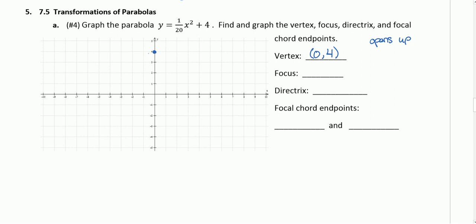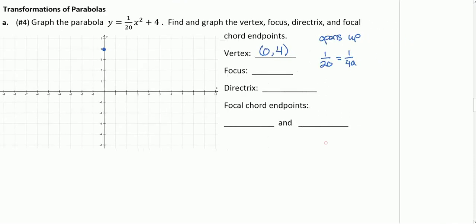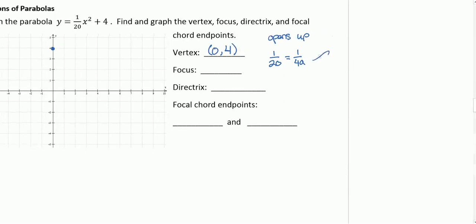And now I want to find the focus. We know that that number 1 over 20 is equal to 1 over 4a, where a is the distance from the vertex to the focus. So from that, we can say, well, that means that 4 times a is equal to 20, and a is going to equal 5, because you divide by 4. So that's our distance from the vertex to the focus.